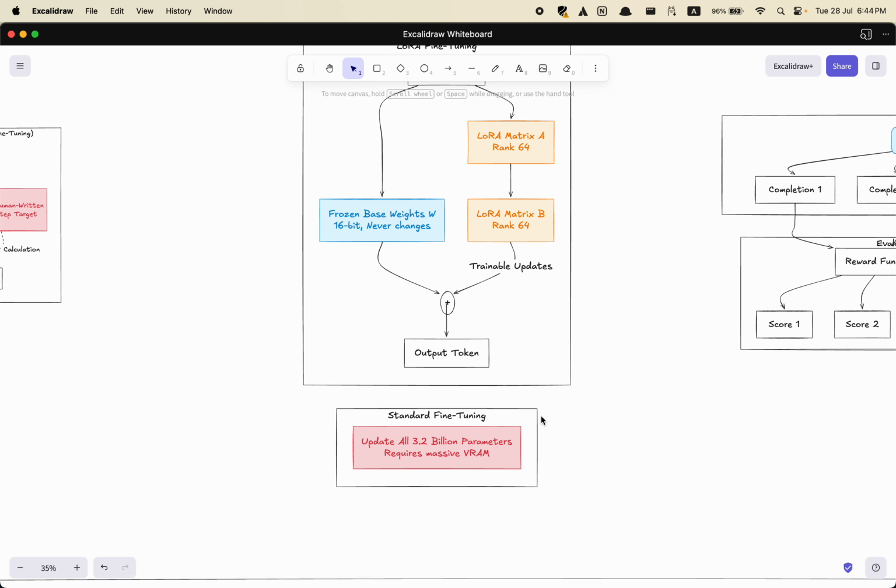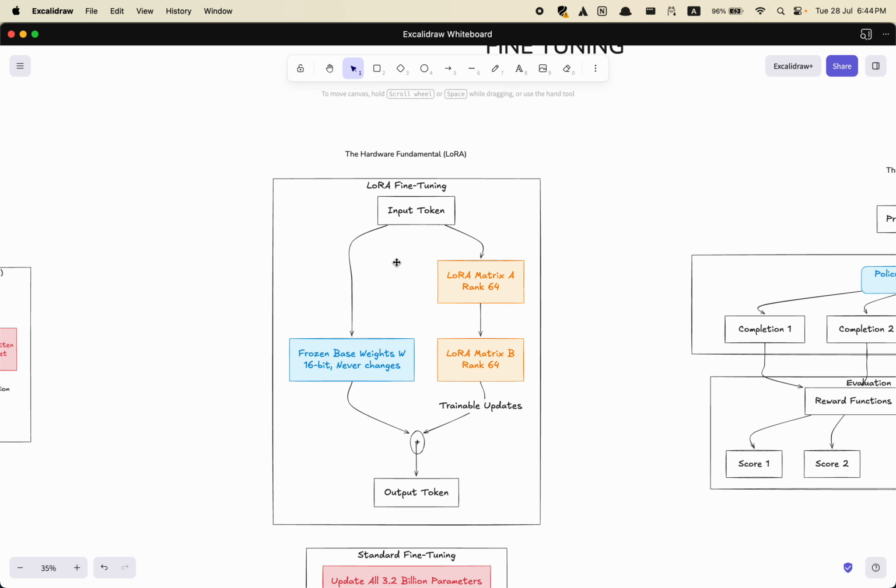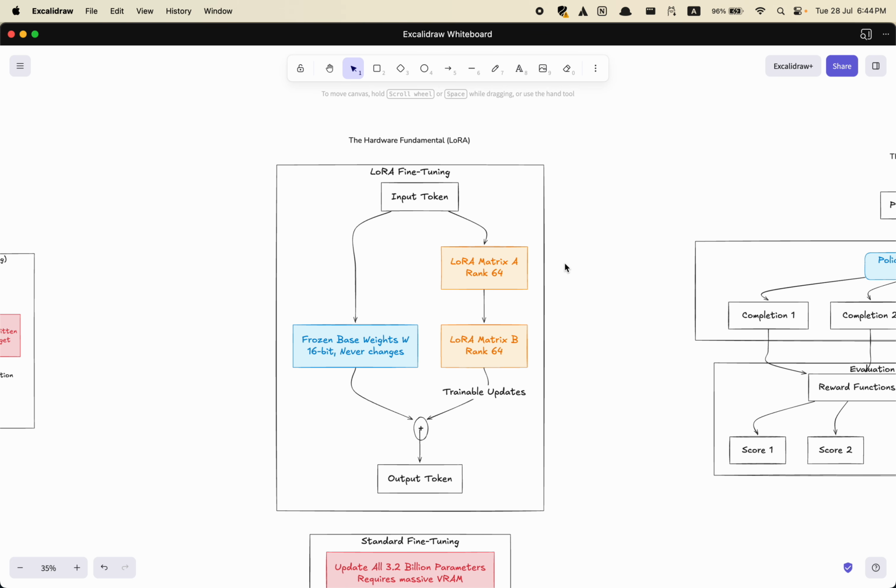amount of VRAM. To solve this, we did LoRA fine tuning, or low rank adaptation, where we completely freeze the original 16-bit weights of the model so they never change. Then we attach 2 tiny trainable matrices. So there we have our frozen and our trainable matrices. During the training, we only update these tiny matrices, which represent less than 3% of the total model.